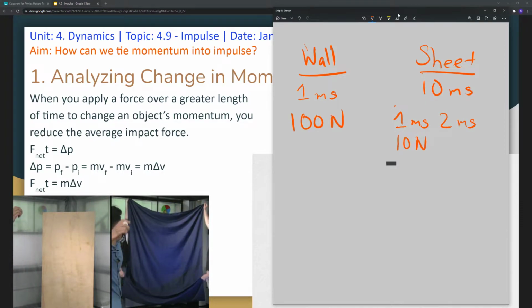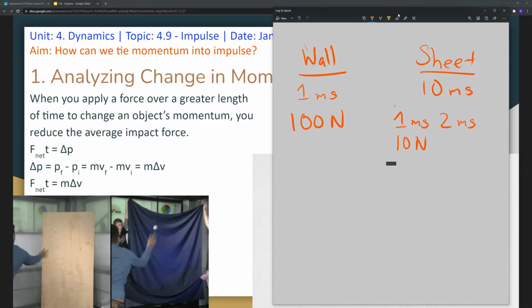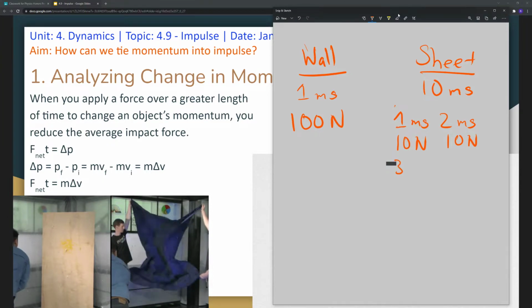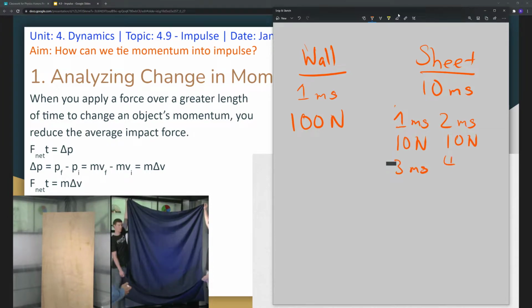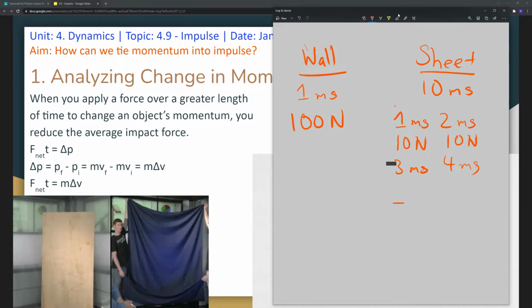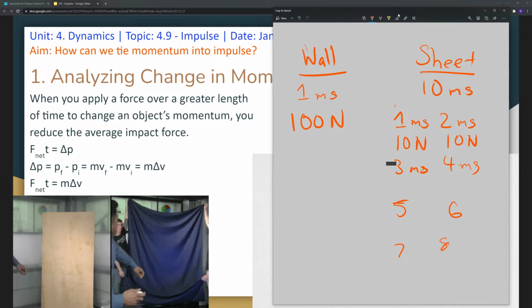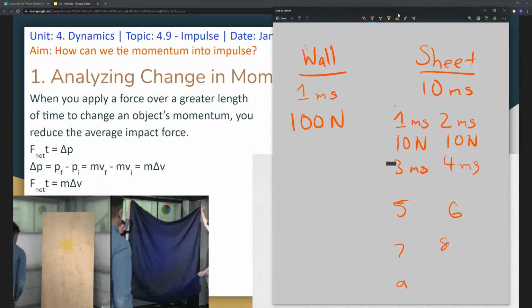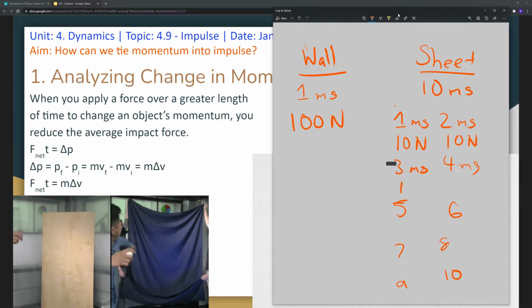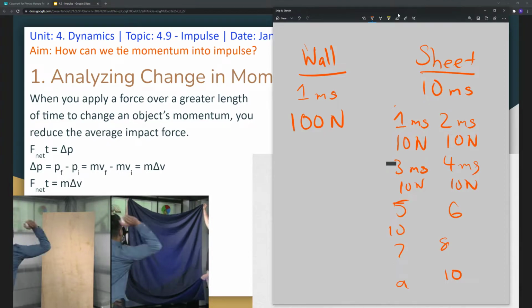And the second millisecond, there's another force applied of 10 newtons, and so on and so forth, until 10 milliseconds.